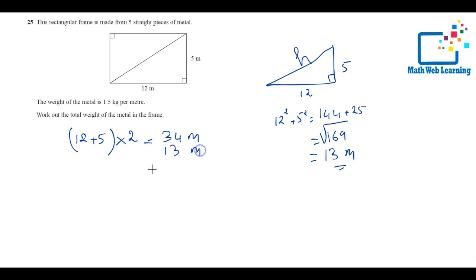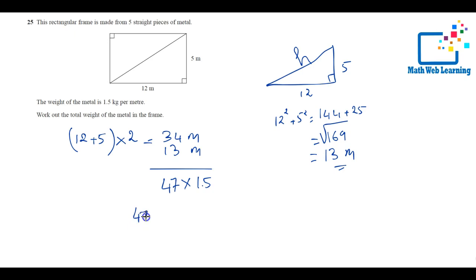Not bad. Add them together to get the total length of the metal used in this frame. All right, so that is 47 meters. Now, 1 meter weighs 1.5, so 47 would weigh 47 times 1.5. This is a non-calculator paper. How do I do it?